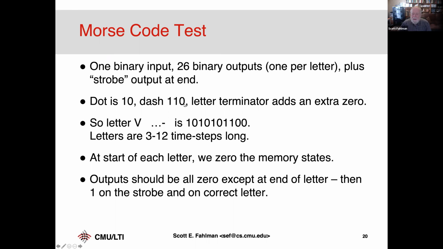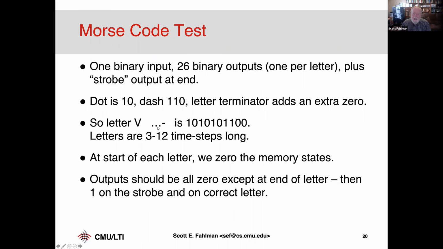And then when you got to the end of a letter, because there'd be 4 or up to 5 or 6 dots and dashes to represent a letter, and they're variable length, it adds an extra 0 as a terminator. There's a little space between the letters.